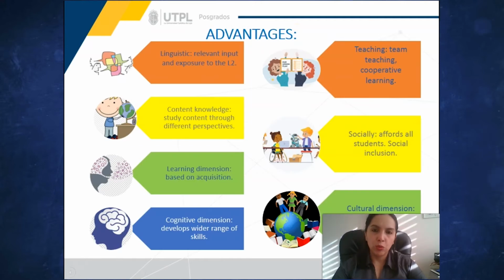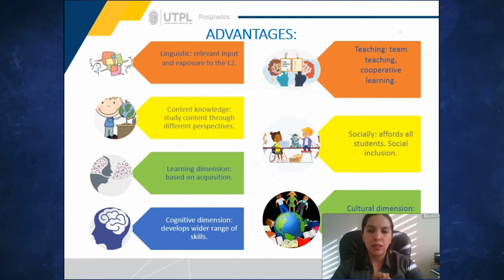When all of these traits converge in a successful CLIL program, they take us to numerous advantages that can be categorized in a series of dimensions. Within the linguistic dimension, one of the benefits of CLIL is the increased input and exposure to the language. In terms of content knowledge, it has been found that CLIL learners acquire the contents just as well as their monolingual peers.